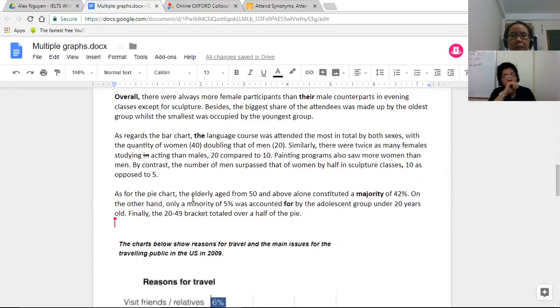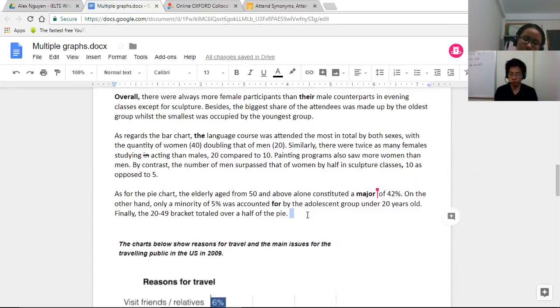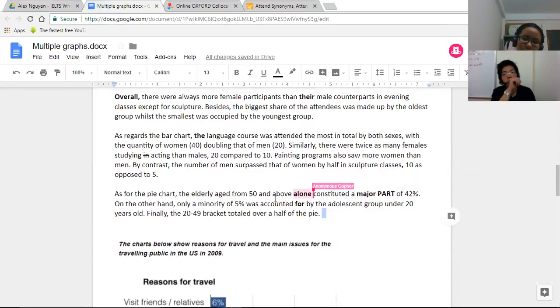The elderly aged from 50 and above alone constituted a major part of 42%. So that you can feel the emphasis on the major part. Okay, I think that we have corrected this very well.